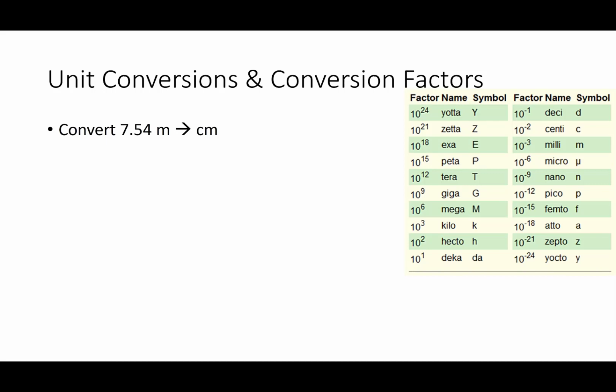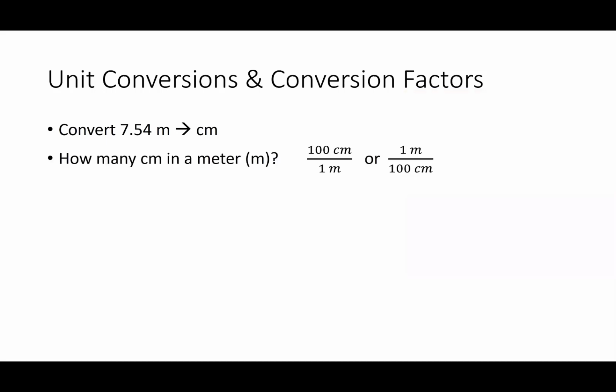So several centimeters fit into 1 meter. And that's what we're seeing here, okay? And these here are conversion factors. That's what we call them, okay? And they come from what's called an equality. And the equality is that 1 meter equals 100 centimeters.